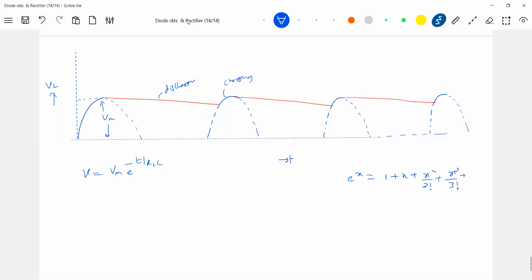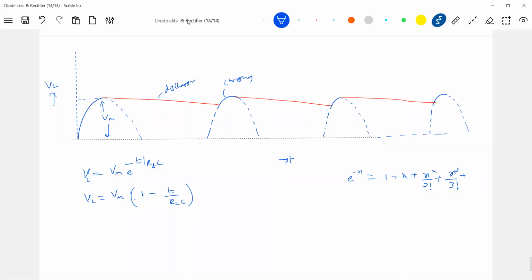So if I expand this, e to the power of minus t by RLC, neglecting higher order terms, I will end up with this one.